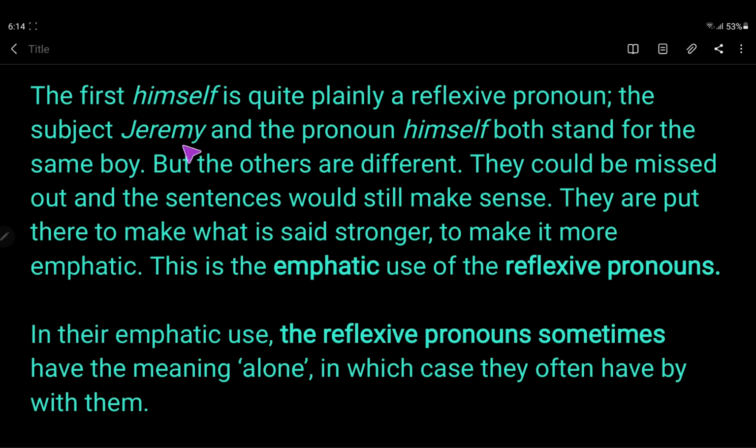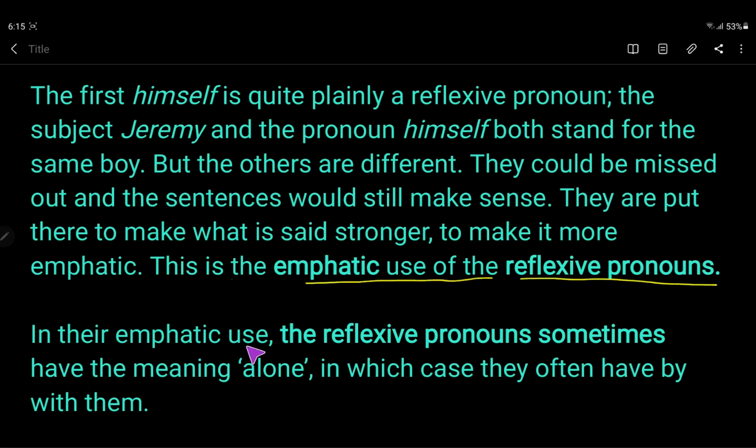The subject Jeremy and the pronoun himself both stand for the same boy, but the others are different. They could be missed out and the sentences would still make sense. They are put there to make what is said stronger, to make it more emphatic. This is the emphatic use of the reflexive pronoun.